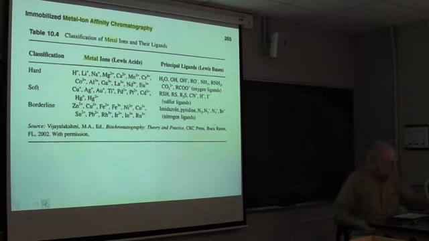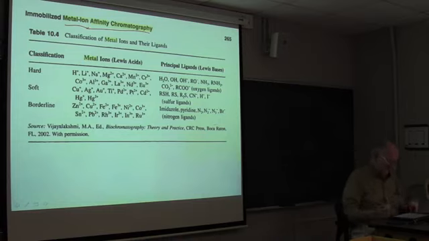Getting into biochemistry a bit, there's been a lot of work with what people call metal ion affinity chromatography, where they deliberately bind to the stationary phase certain inorganic metals to fish out of solution different biomolecules that have different functional groups.